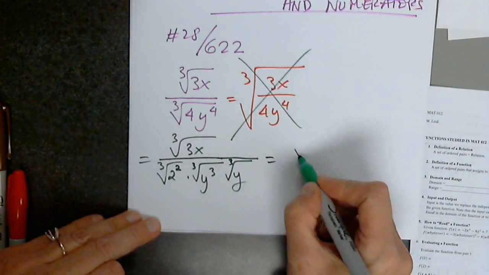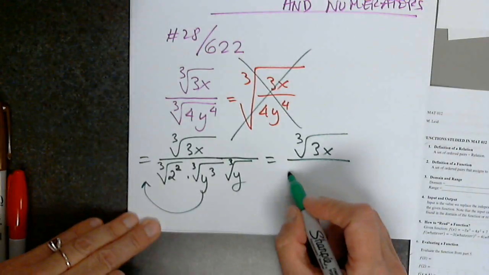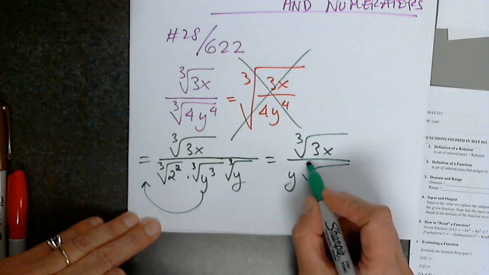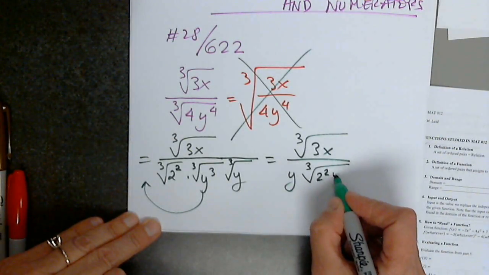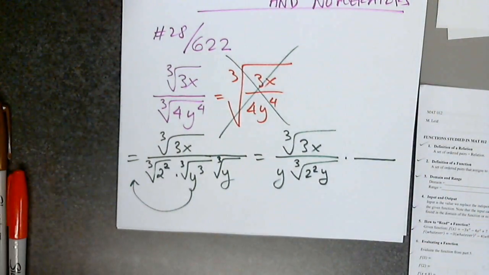So I'm going to rewrite the cube root of 3x. I'm going to put y in front. And what I have to rationalize is this. What am I going to use in order to rationalize this denominator? What index? What do I have to do?